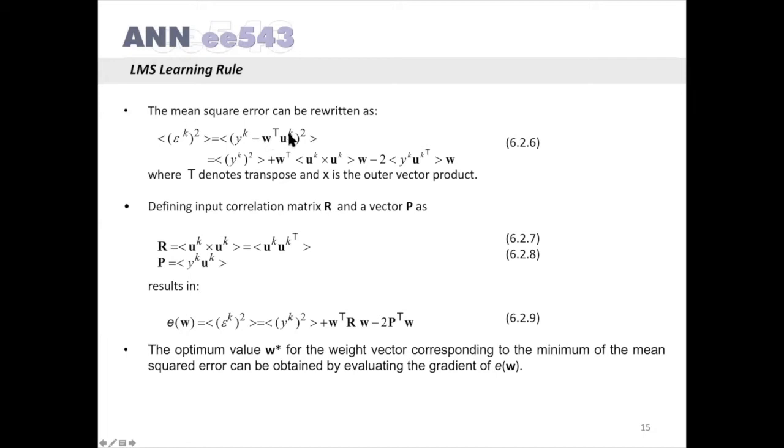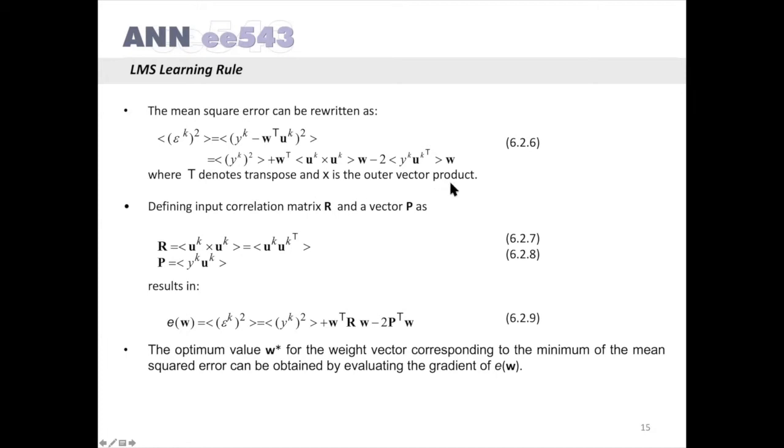For the multiplication of this term by itself, we have this term, and here notice that we are treating the mean of u_k outer product u_k as constant, and these are w transpose and w. For this multiplication, we have y_k u_k transpose multiplied by w, where T denotes transpose and this cross is the outer vector product.